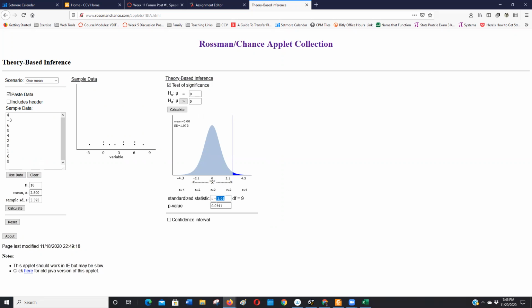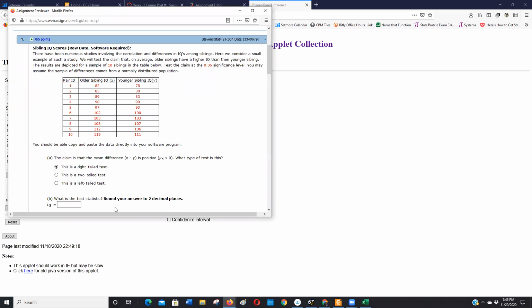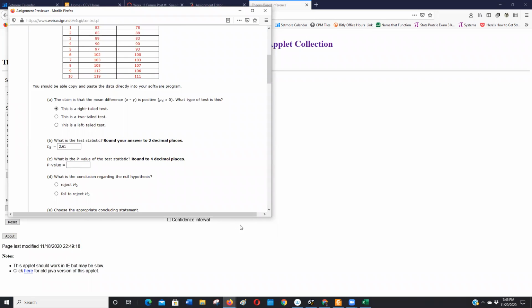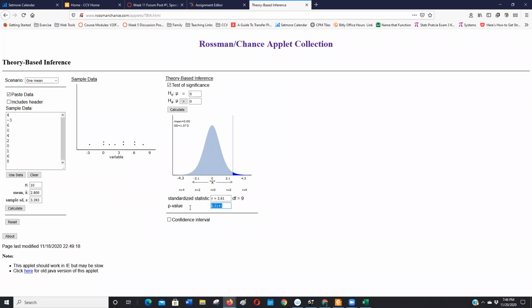Let's go see if this is good enough for WebAssign. Most of the time it is. Sometimes it's looking for some more decimal places. So it says 2 decimal places, so it should take it. And I'm going to copy the p-value.